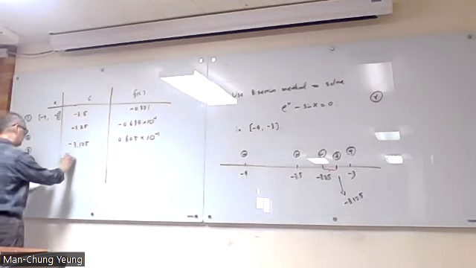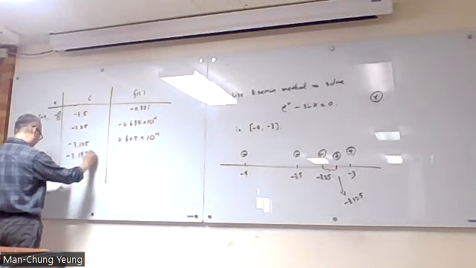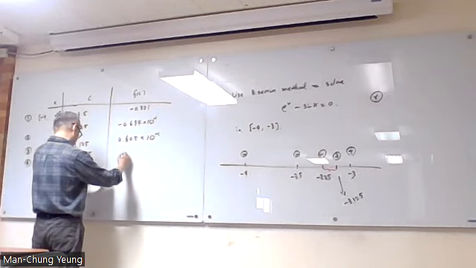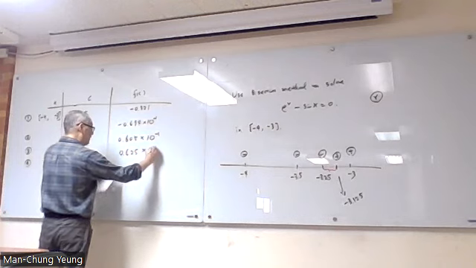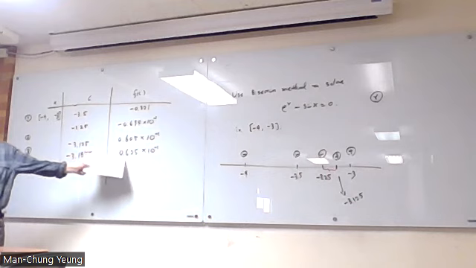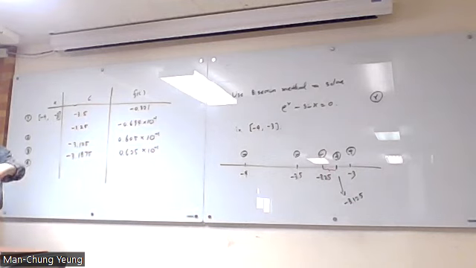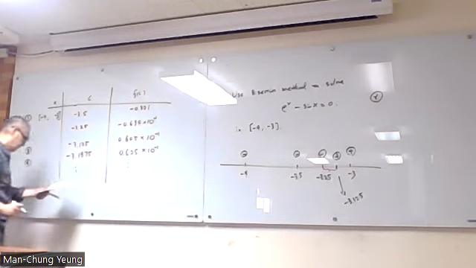The midpoint is negative 3.1875. Function value is larger than the function value in the previous step. Okay, continue, continue.